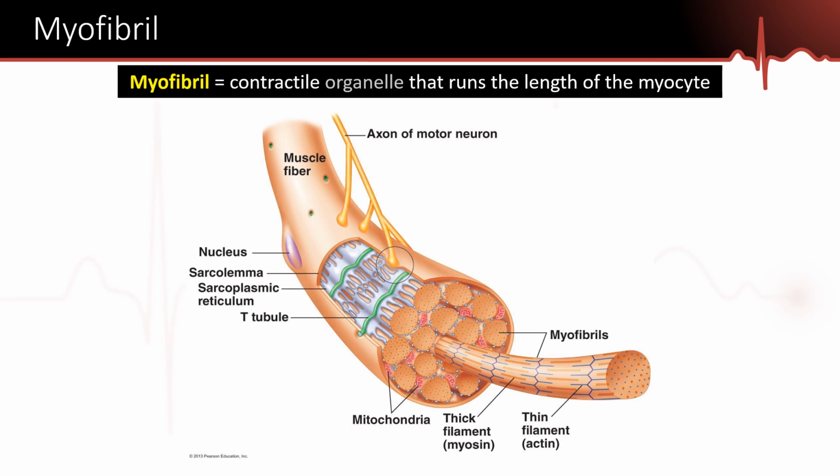All right, so here is the muscle fiber. And this is one myofibril being pulled out of the muscle fiber. We know that the myofibrils are made up of sarcomeres, right, from Z disc to Z disc.